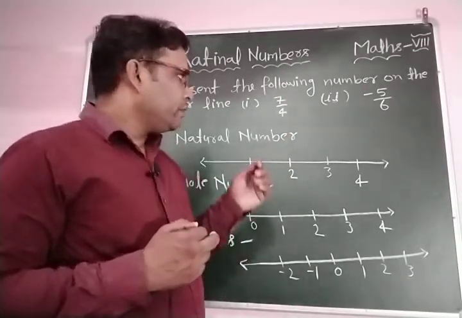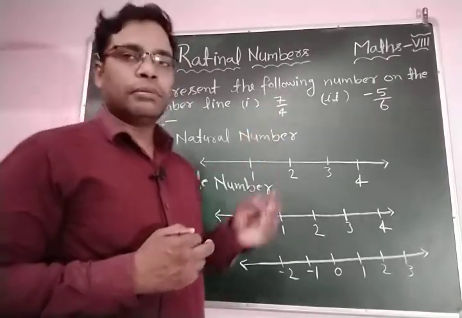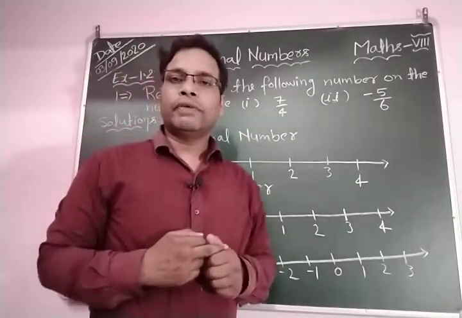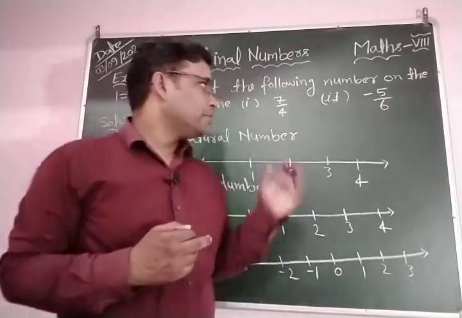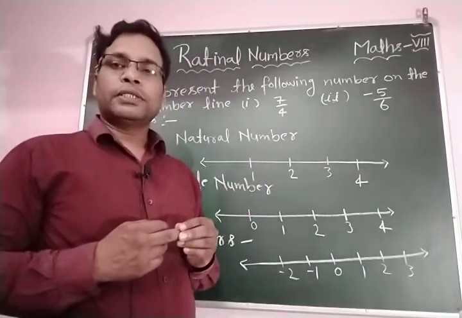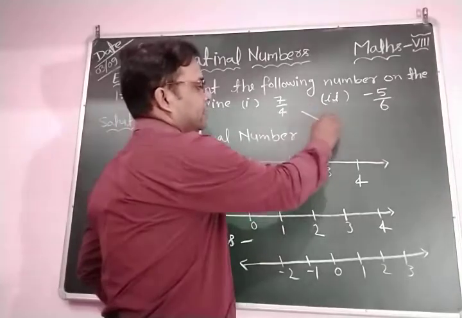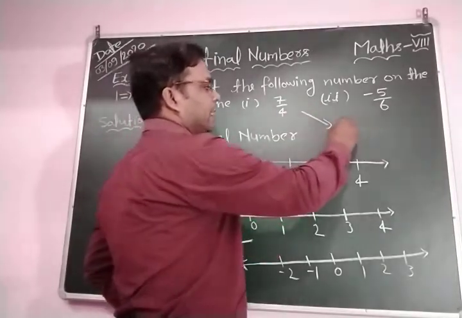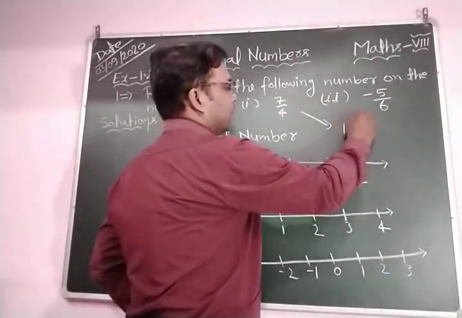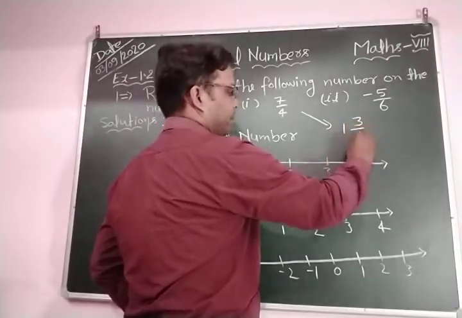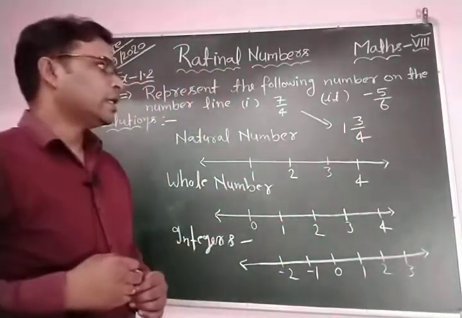We represent 7 by 4 on the number line in two ways. The first way is to break it into a whole number and a proper fraction. So if you change 7 by 4, you can write it as 1 whole 3 by 4.